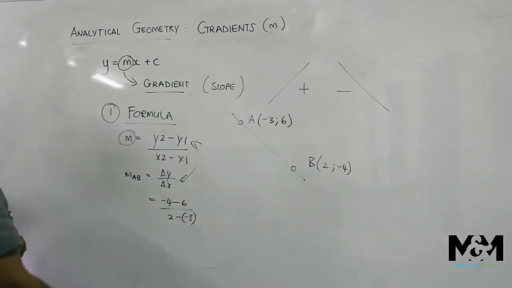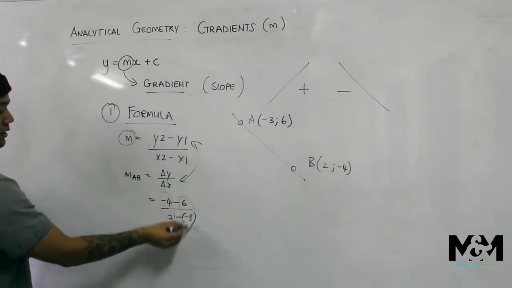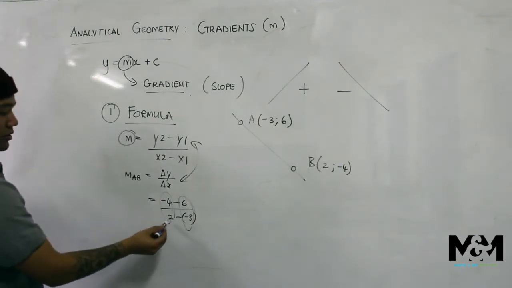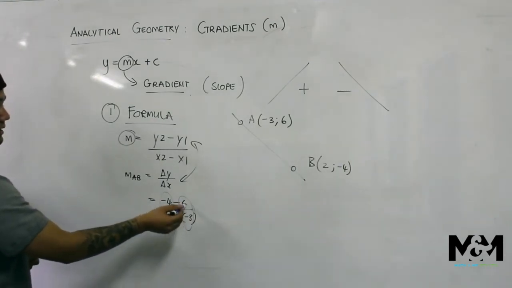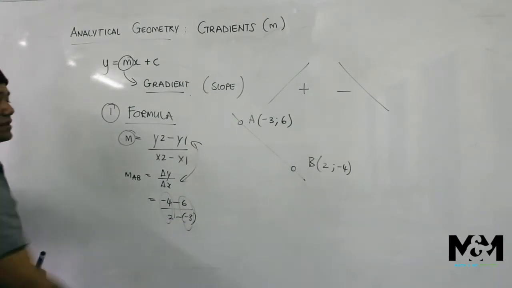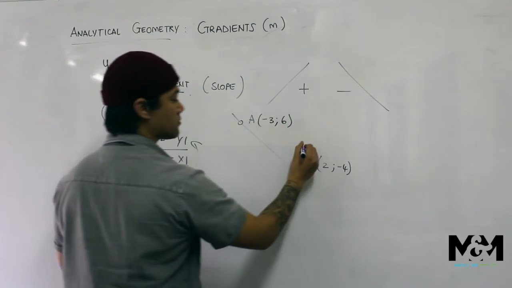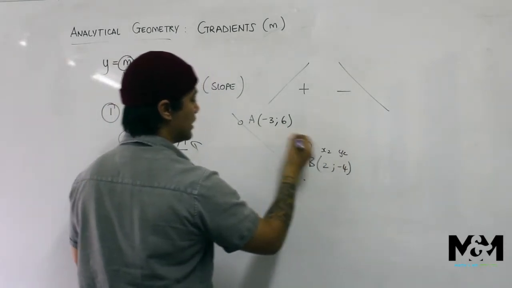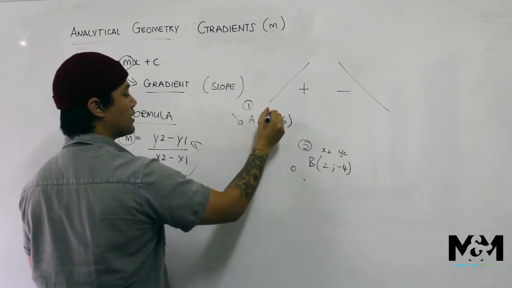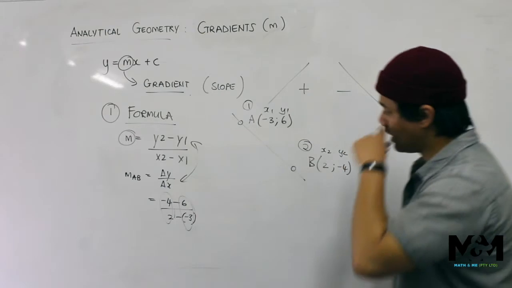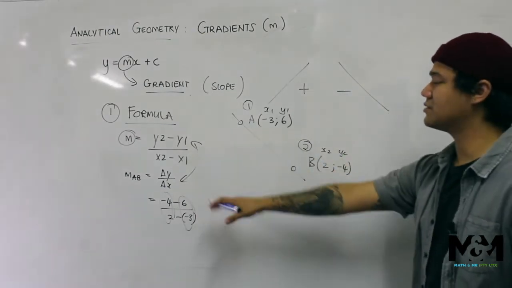Very important here, make sure that your coordinates lie on top of each other. So we'll see 2 and -4, and -3 and 6. It's very important you get it in the right order. If this is coordinate 2, which it was for me, then that is x2 and y2. If this is coordinate 1, then that is x1 and y1. Then we substitute it in.